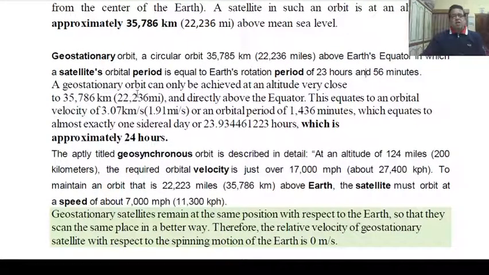A geostationary orbit can only be achieved at an altitude very close to 35,786 km and directly above the equator.